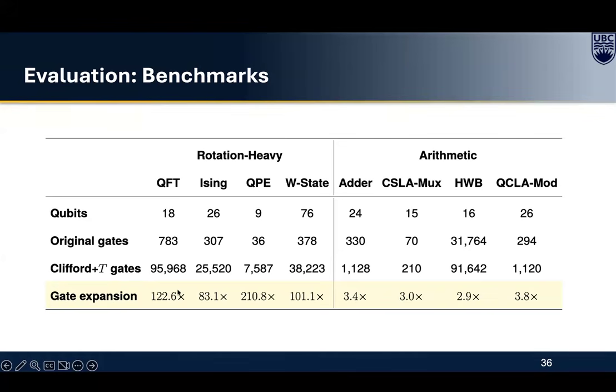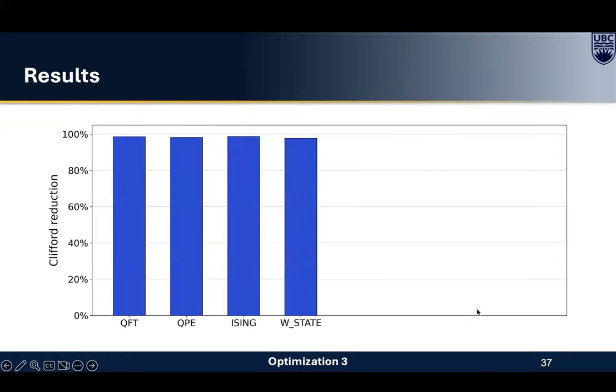You can see that for the rotation-heavy circuits, each of them has almost 100 times or higher gate expansion by converting from the original gates into Clifford plus T, and most of it originates from those rotation syntheses. But for the arithmetic circuits, their gate expansions are much more manageable.